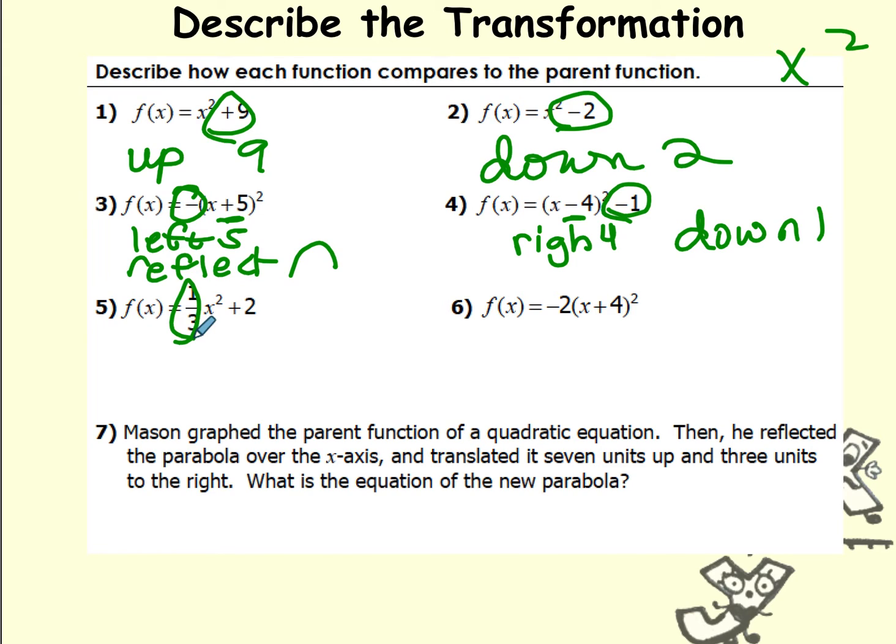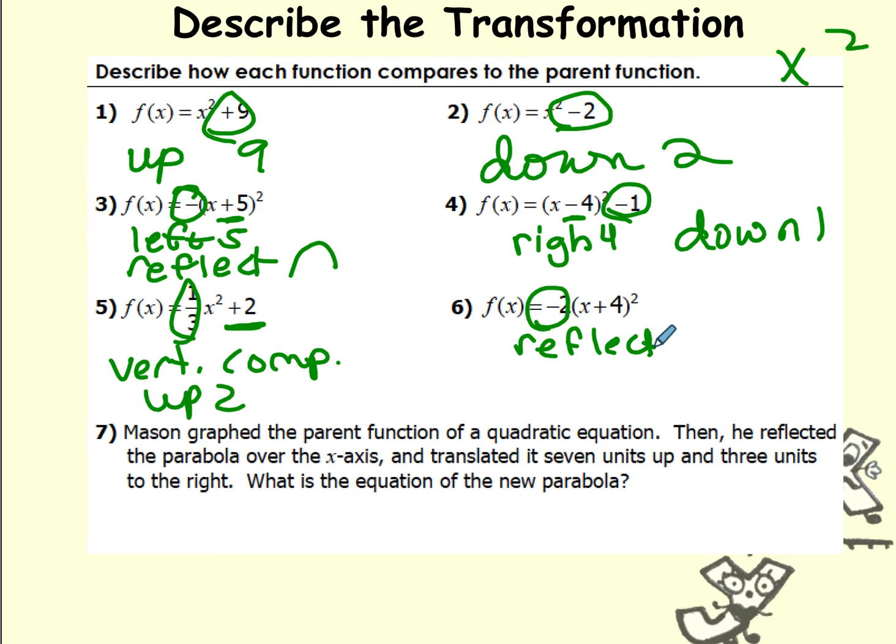Okay, 1/3 x squared means we have a vertical compression. I'm going to abbreviate. And that plus 2 means we went up 2. That negative 2 means reflect and stretch. And that plus 4 means go left 4.